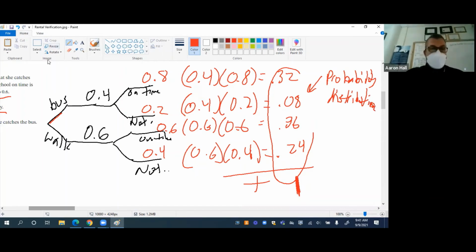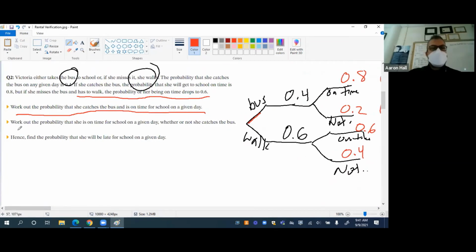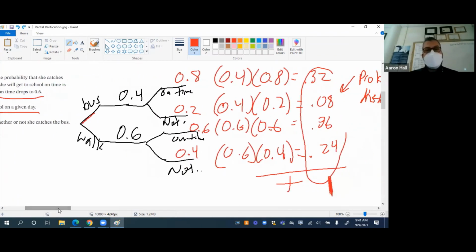Okay, let's move on. Did we answer the rest of the questions? Work out the probability that she is on time for school on a given day, whether or not she catches the bus. It doesn't matter whether she catches the bus or not. I just want to know whether she's on time. Which of these branches means she's on time?